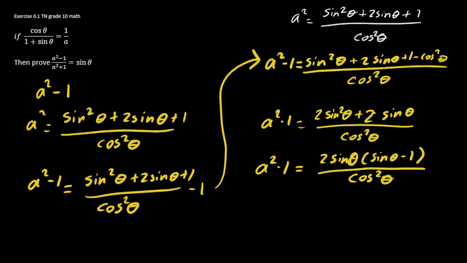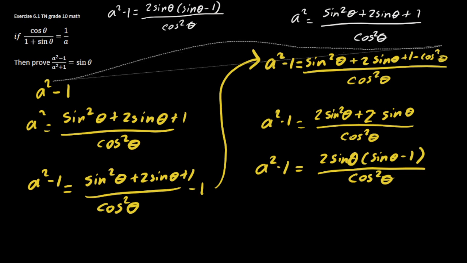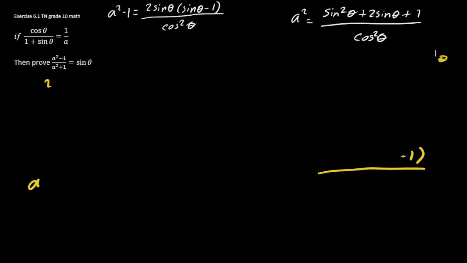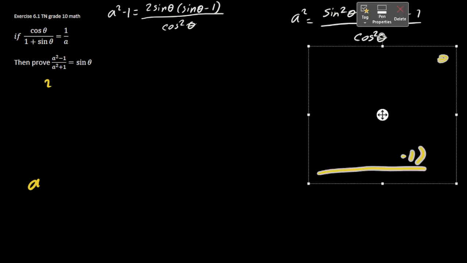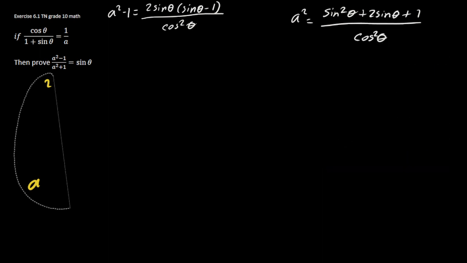Alright, so let me just write that down at the top. A squared minus 1 equals 2 sine theta, sine theta plus 1, all over cos squared theta. Alright, so I'll just erase all this and we can get started on a squared plus 1.